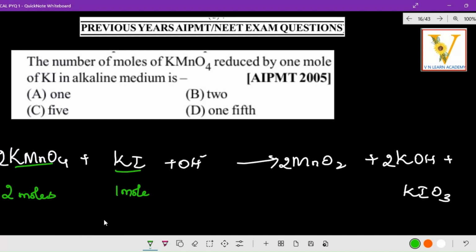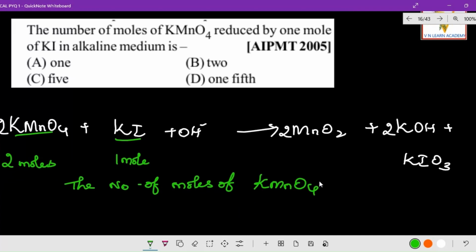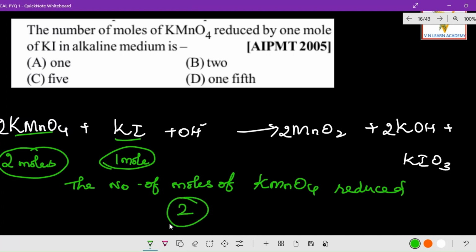The number of moles of KMnO4 reduced by 1 mole of KI in alkaline medium is 2 moles of KMnO4. I hope you got that idea. Which is the correct option? 2 is the correct option. Option B, 2 is the correct option.